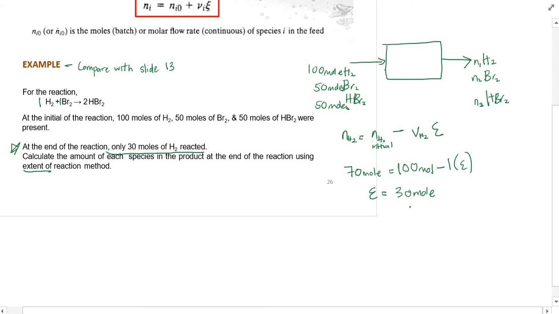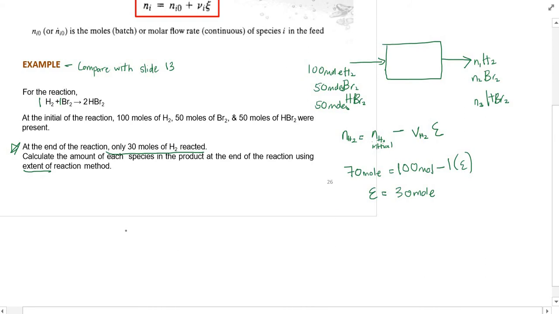You are interested in calculating to what extent your reactant reacts. So you can use this formula and get E as 30 moles, or even from the statement itself, which says only 30 moles of hydrogen reacted, so it already tells you the extent of reaction is 30. Next, we can calculate the amount of bromine and hydrogen bromide in the product stream using this formula.